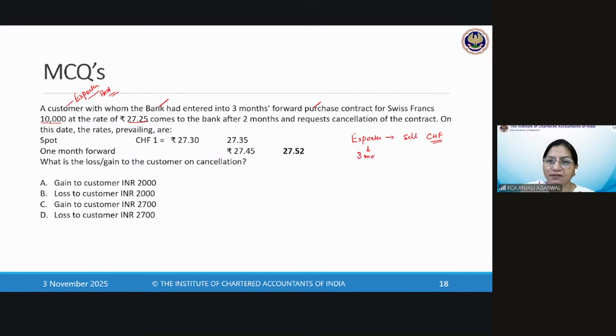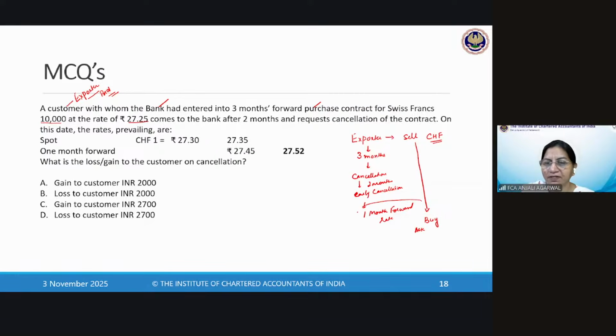Contract is for 3 months. Cancellation request after 2 months. That means it is an early cancellation. Before due date. So we will use 1 month forward rates. Exporter was selling. To square off, he will have to buy. Ask rate would be applicable.